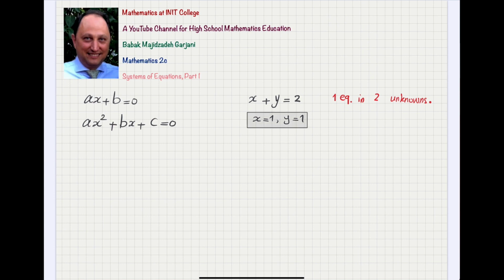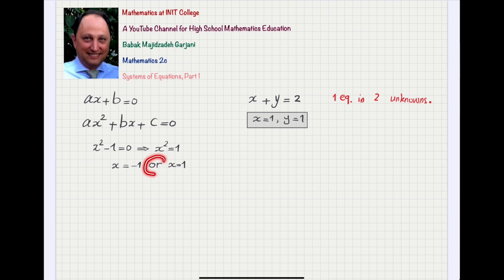A solution here is one single number, a single number at a time. Don't get confused. When I solve, for example, x squared minus 1 equals 0, you might say that I am getting two answers. You are right, but x equals minus 1 or x equals 1, so they cannot occur simultaneously.